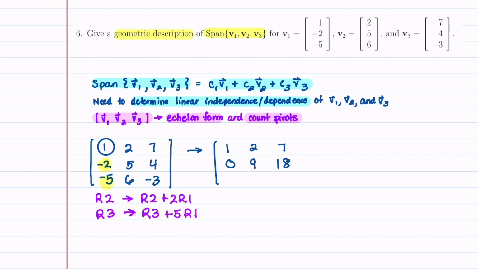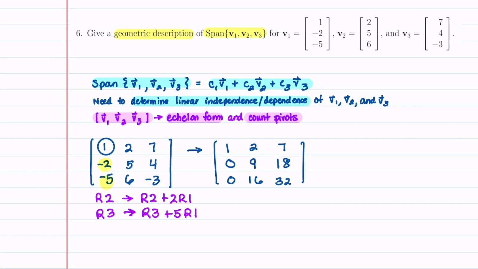Now we're going to change our third row. We're going to multiply row 1 by 5 and add it to our third row. So we get a 0, and then we have a 10 plus 6 is a 16, and then we have a 35 minus a 3 gives us a 32.